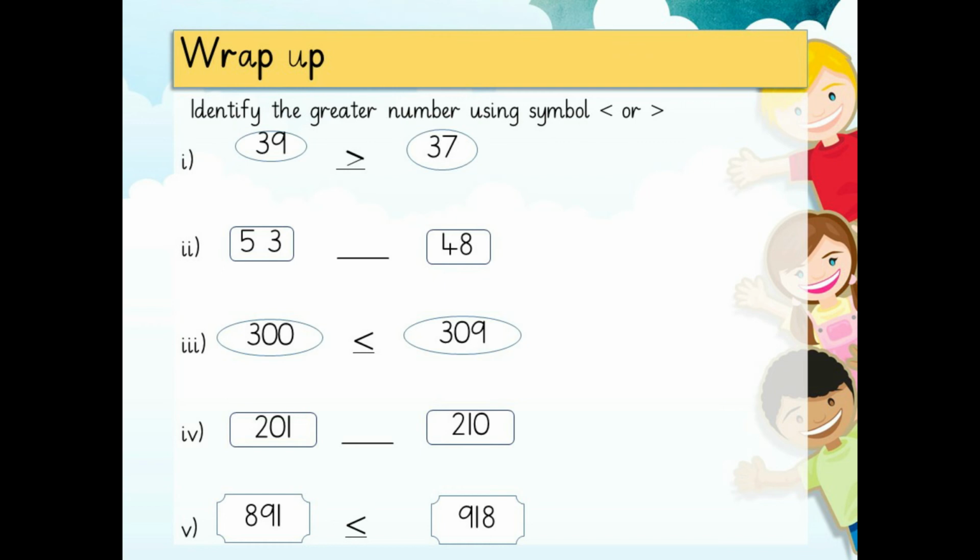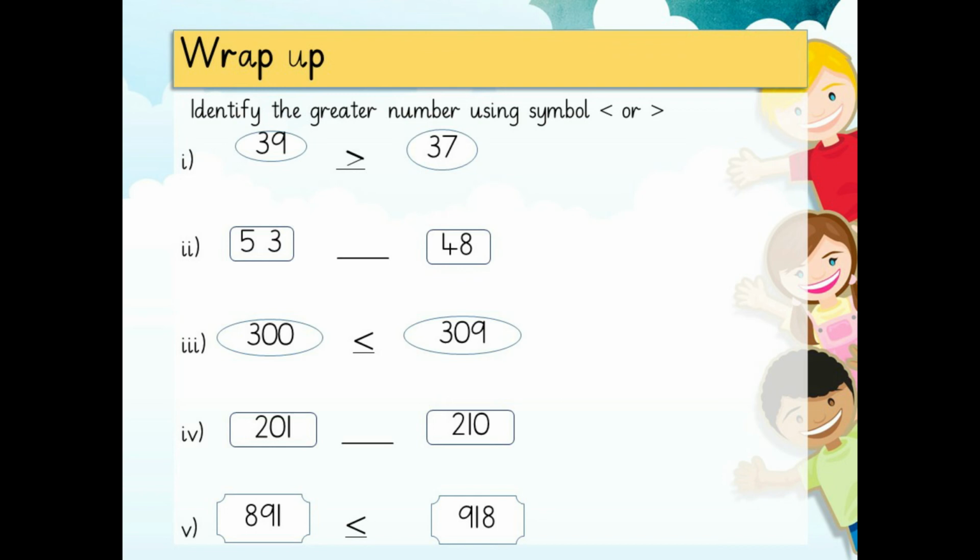Let's compare the highest values. Yes, 53 is the bigger number, the greater number as compared to 48, because the value of tens is greater in 53 as compared to 48. So the crocodile mouth will open towards 53.